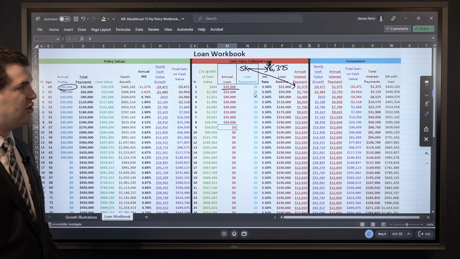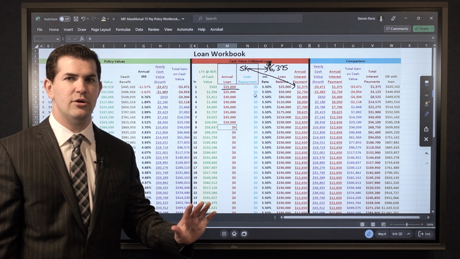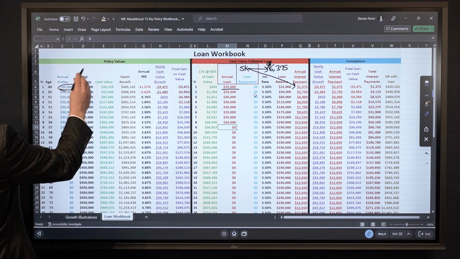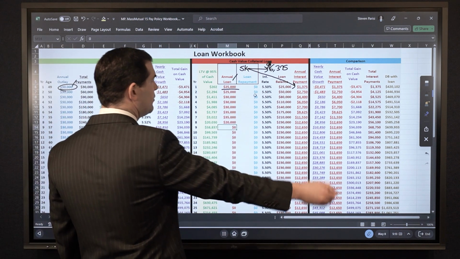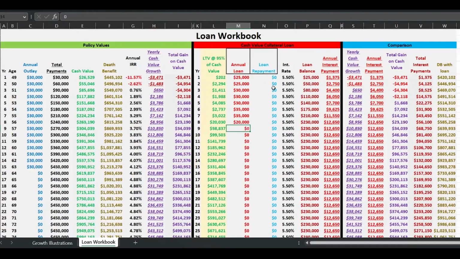So we do want to look at the total cash flow that we're sending to the insurance company each year by looking at what we pay in, what we loan, and then what we pay toward interest. All right, another thing. IRR compared to the loan interest rate. What do you notice?